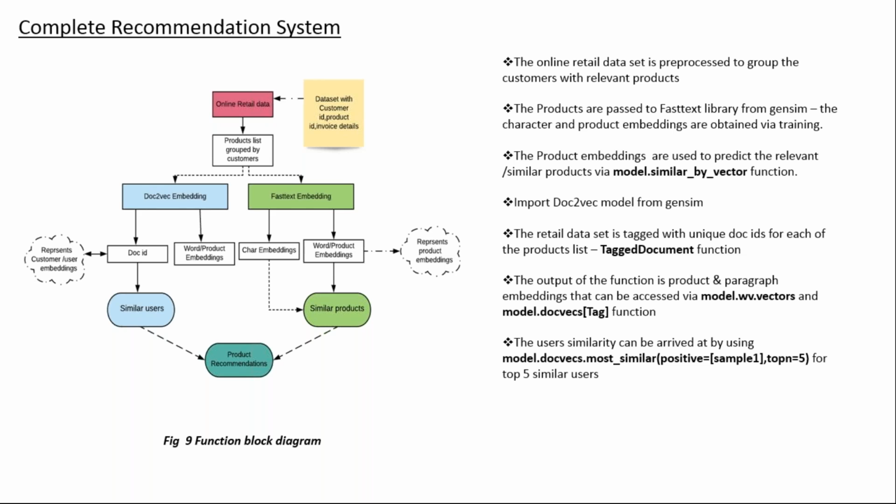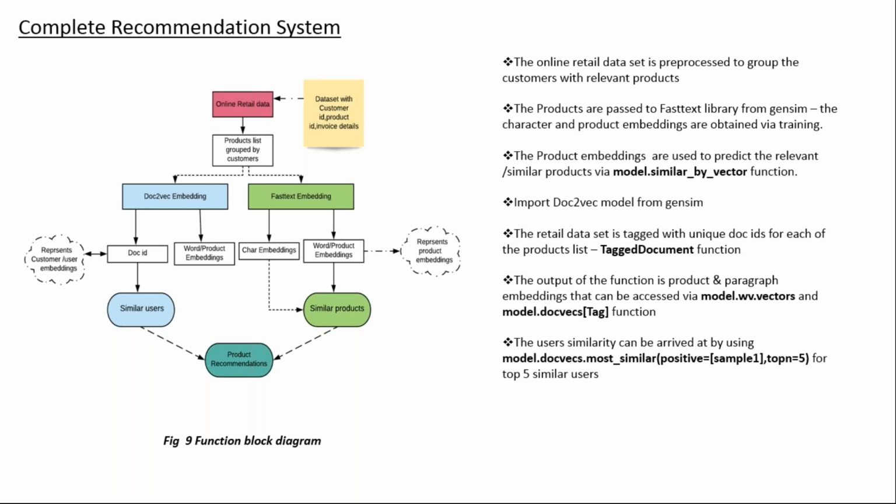What we have achieved by means of fastText embedding is you get subword, which are the character embeddings, and you get word embeddings, and both reflect the product embeddings, and using product embeddings you can find out the similar products, and use that as a sort of recommendation.